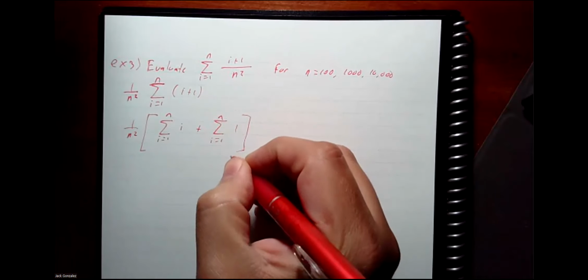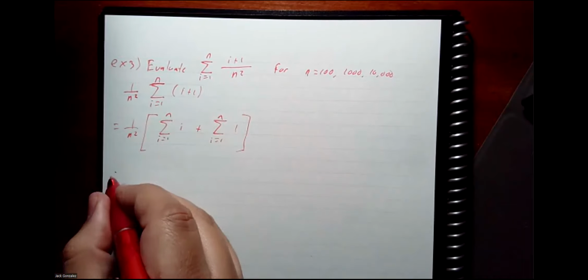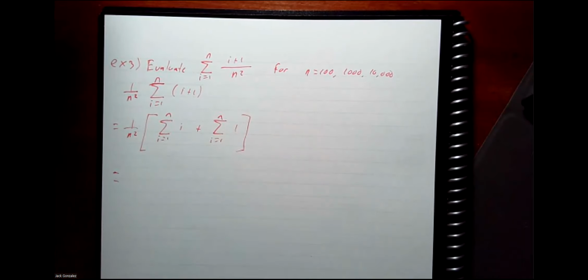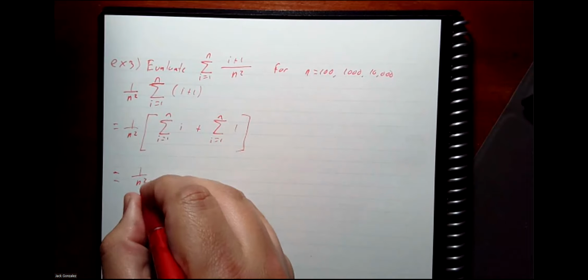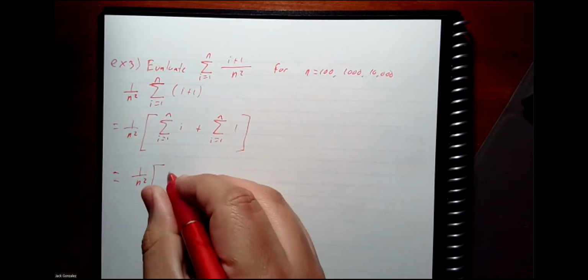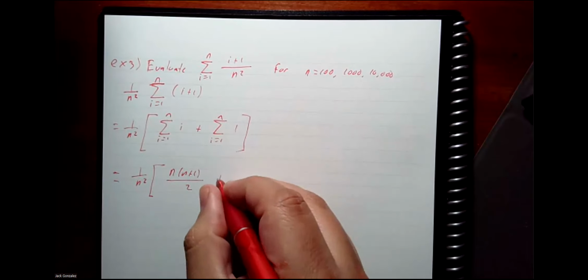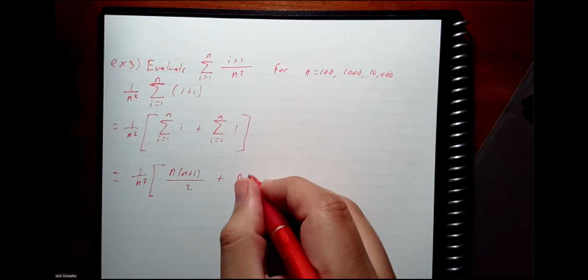And then remember that the formulas above say that this will become, what was it? n times n plus 1 over 2. So this n squared is still there. This becomes n times n plus 1 over 2 plus this becomes n times that 1.